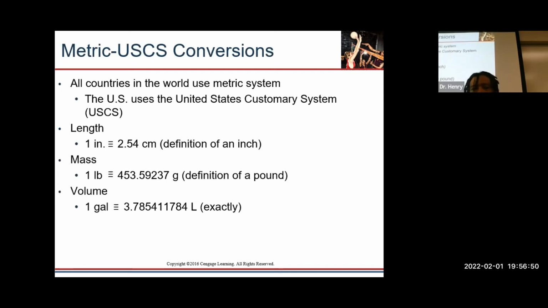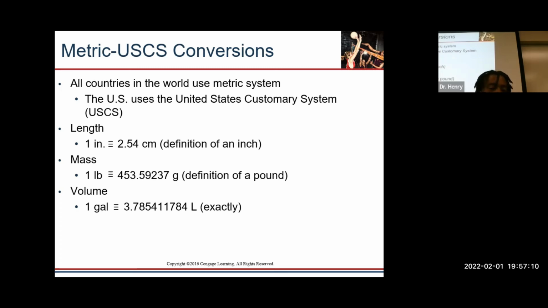So we've already talked about the metric system. We've also talked about the US system or the empirical system, United States customary system. So 1 inch is going to equal approximately 2.54 centimeters.